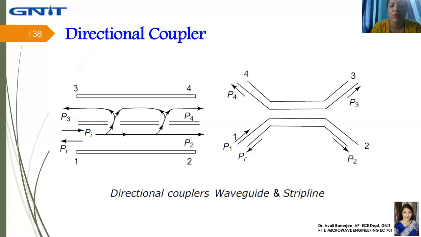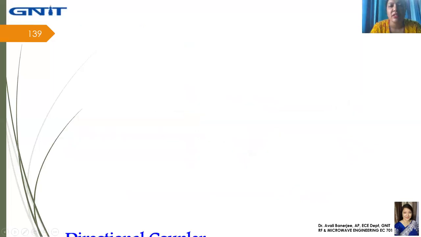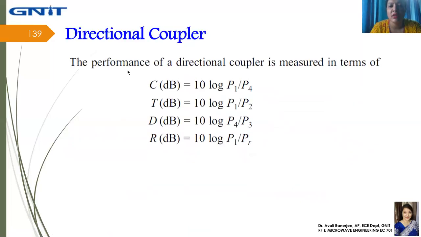When all the ports are matched, this can be defined as follows. C is the coupling in dB, defined as 10 log P1 by P4. This is the power at port 1 and this is at port 4.